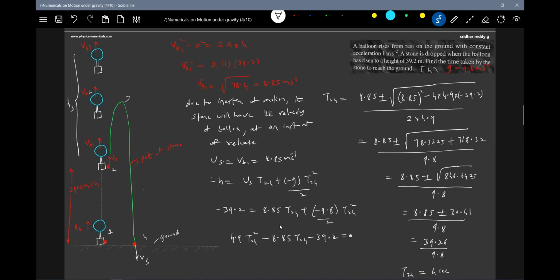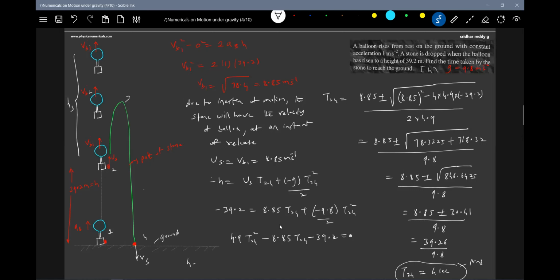For that, what we need: it's going to accelerate with an acceleration a. At what height will the balloon be when the stone is striking the ground? That is our answer. For further, we'll explore to what height it will ascend in this interval of time.